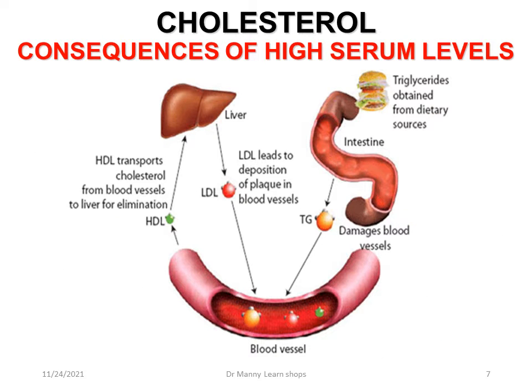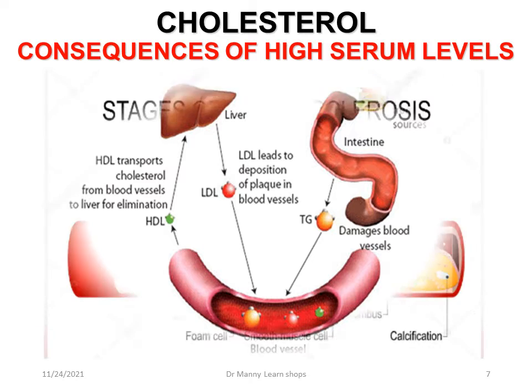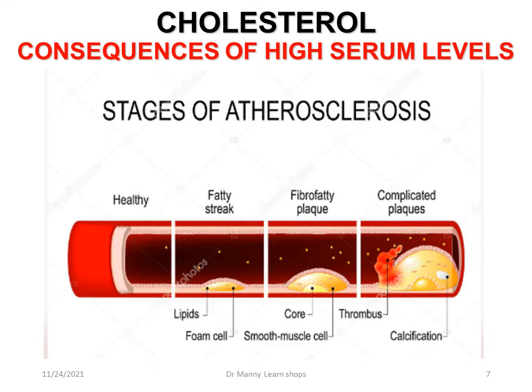Now, what are the consequences of high serum levels of cholesterol? Well, atherosclerosis is one of them. If you get an accumulation of cholesterol in conjunction with other pathophysiology that occurs in your arteries, you can get the deposition of cholesterol and start the process which results in arteriosclerosis.